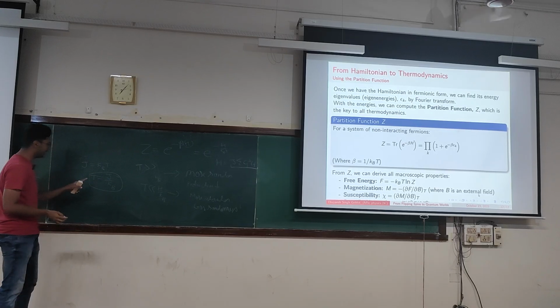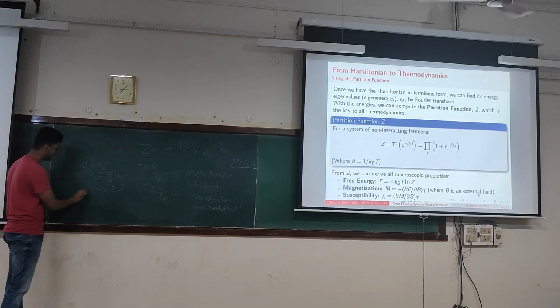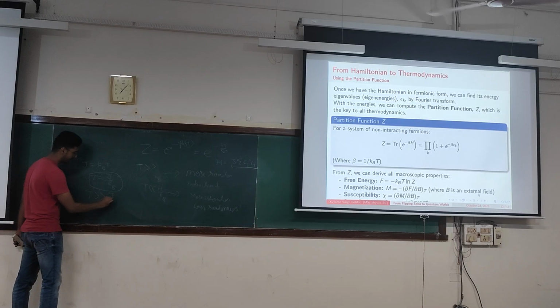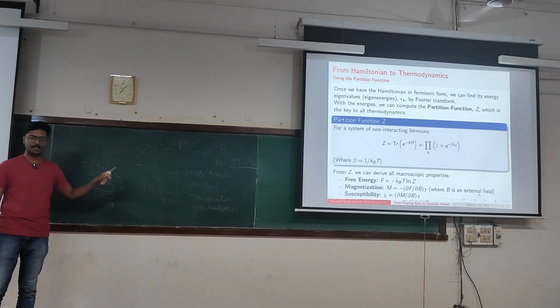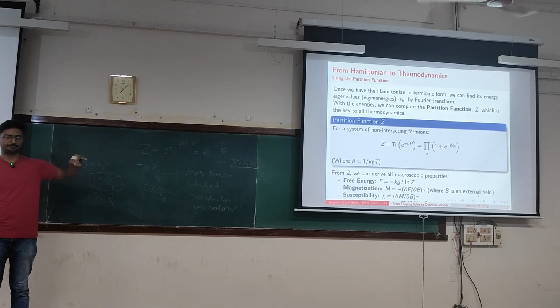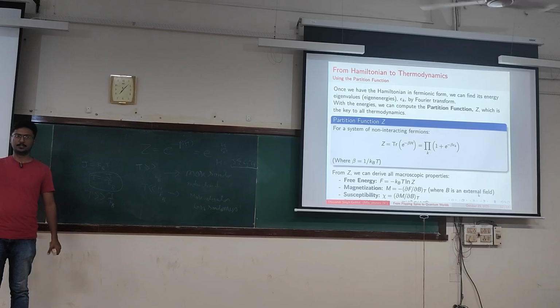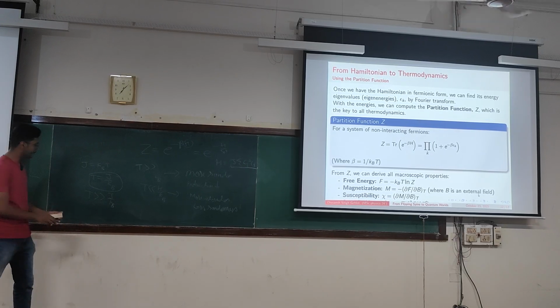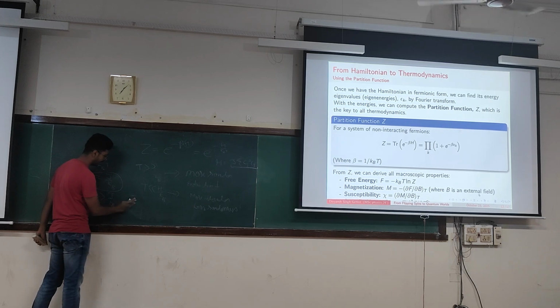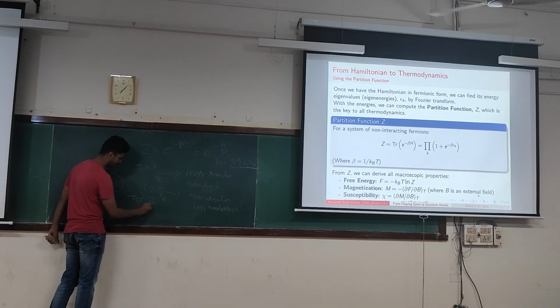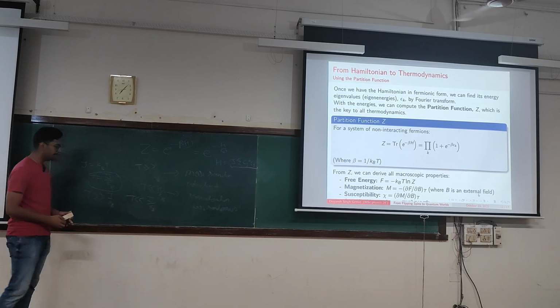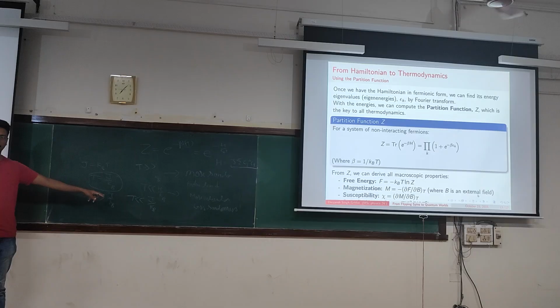When the temperature is very, very high compared to this, you will see more randomness in the lattice. More spins will be randomly spread out, up and down, very random. And when the temperature is very low, it will favor more and more alignment of the spins. So spins will try to align more and more.